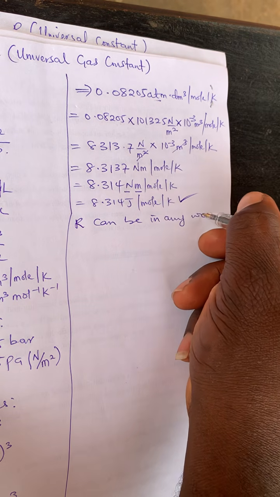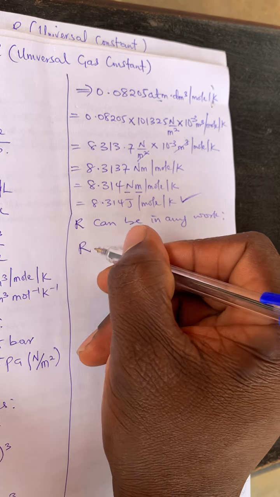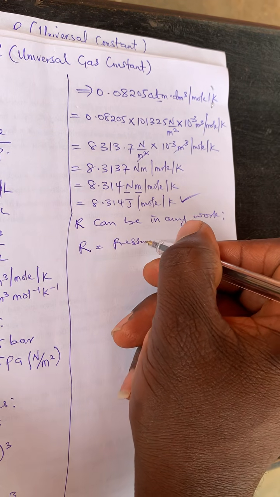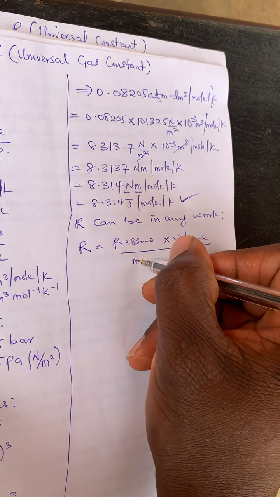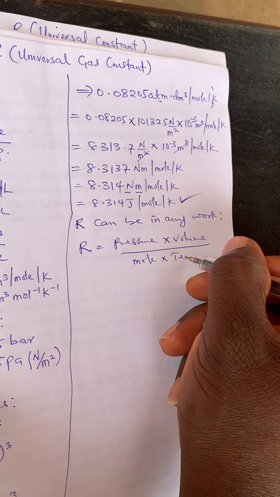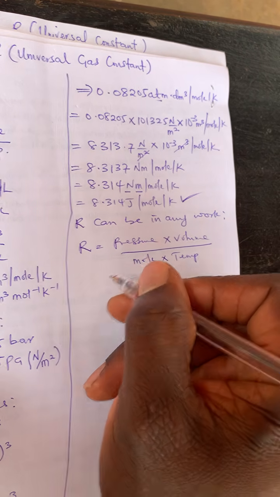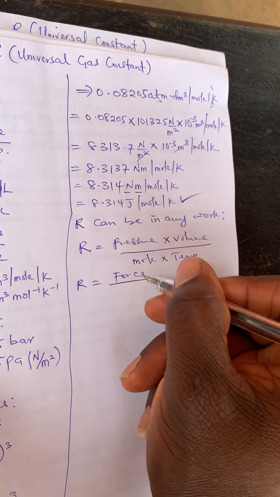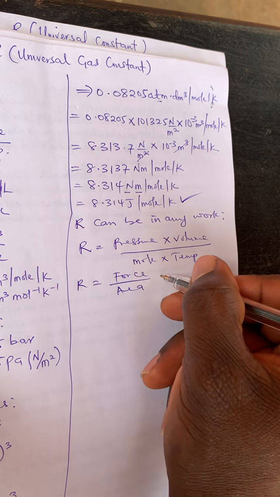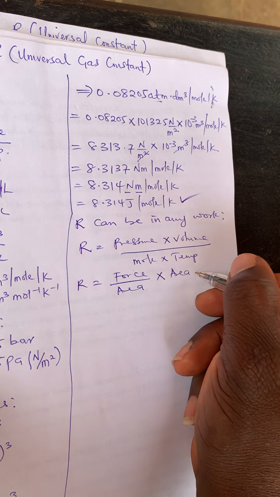How do I know that? Now, I know that by showing you again that R is equal to pressure times volume, divided by number of moles times temperature or degree, however you call it. Then, of course, you remember that pressure is equal to force over area, multiplied by volume. Now, volume can be area times length.